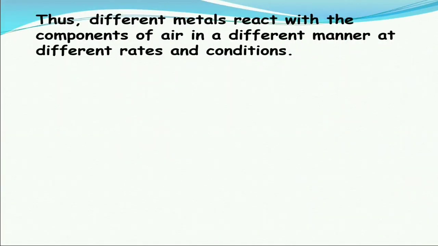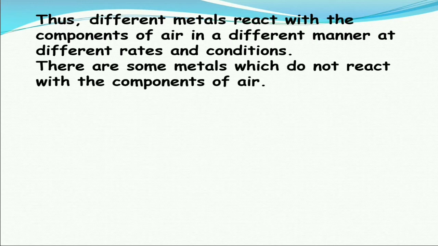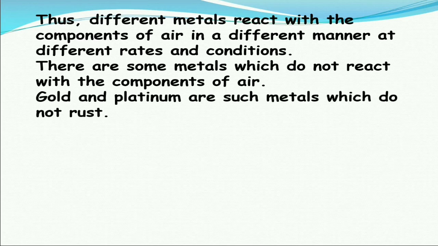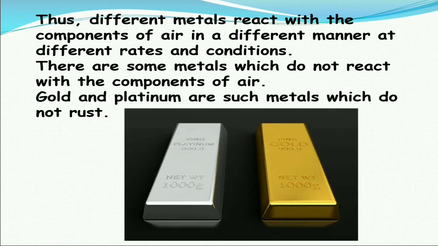Yes, one and only, the reactivity. Different metals react with the components of air in different manner, at different rates and conditions. There are some metals which do not react with the components of air. They are gold and platinum, and they do not rust. Yes, these are the 1 kg gold and 1 kg platinum bars.